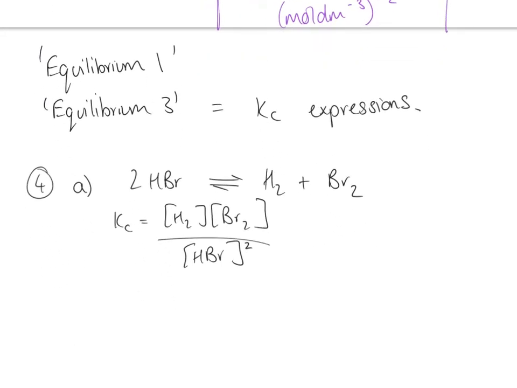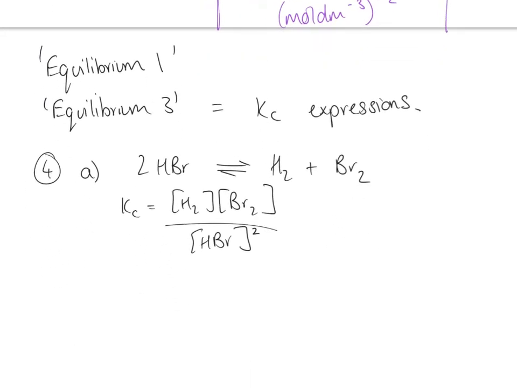Your units, again, quickest way of doing it is going to be moles per decimeter cubed to the power of your total balancing number of your products. So it's going to be 1 plus 1 is 2, minus the total balancing number of your reactants, which is 2 in this case. 2 minus 2 is 0.